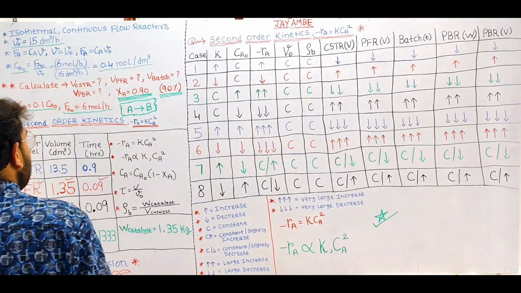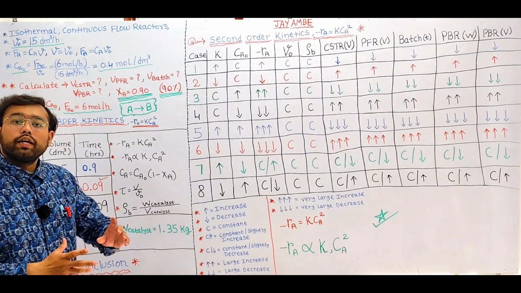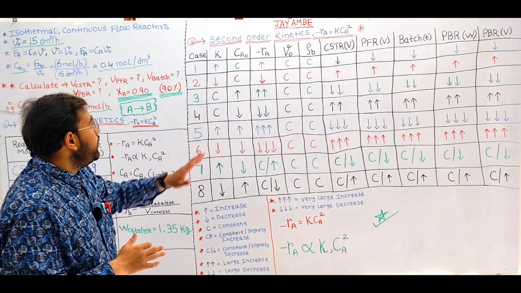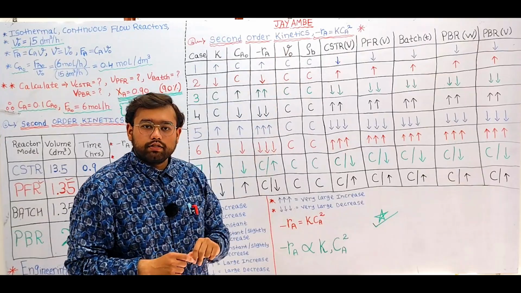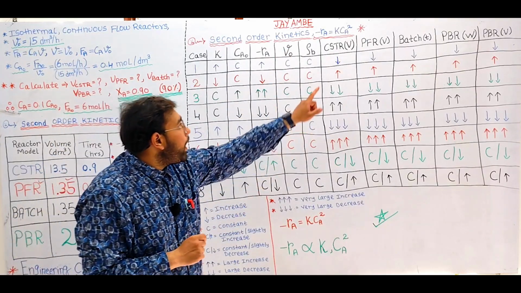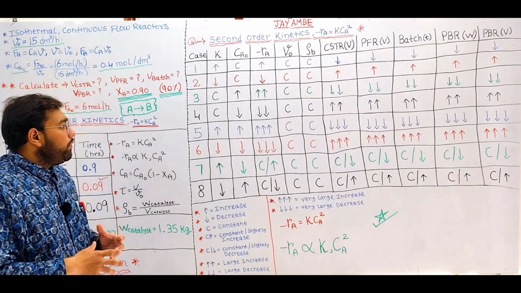Now we will dwell more deeper into the fundamental understanding of the second order reaction kinetics, right? Where the reaction follows second order reaction kinetics with the given rate law minus RA is equal to K CA squared, right?